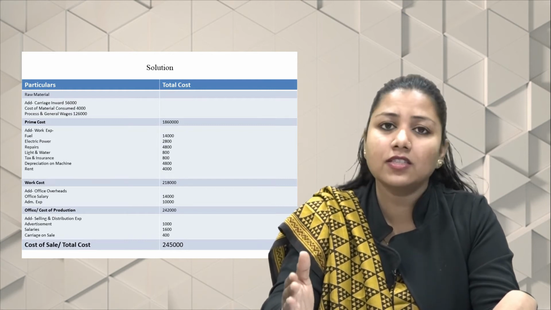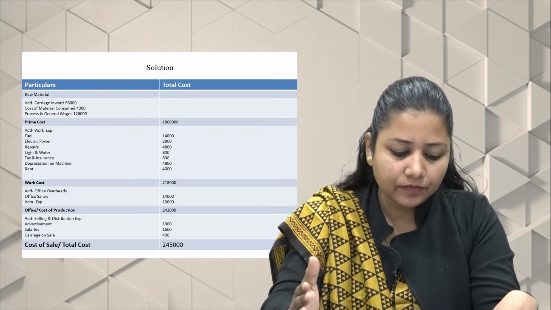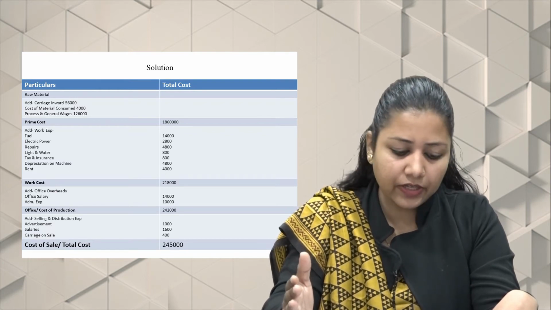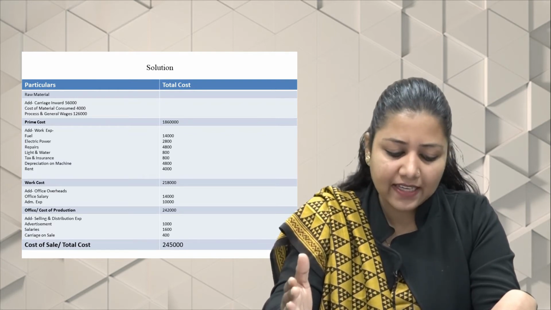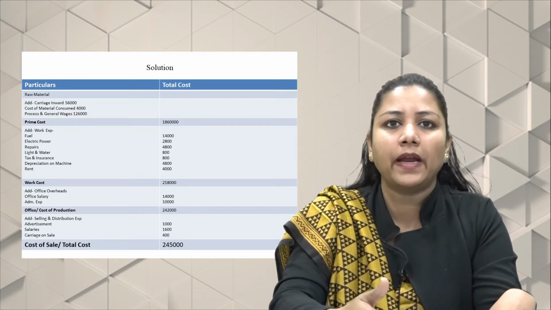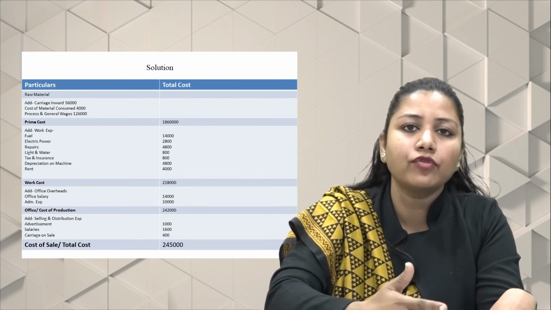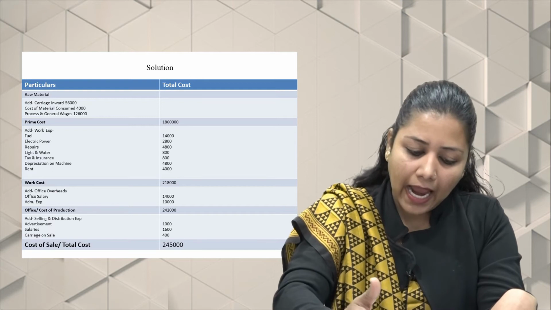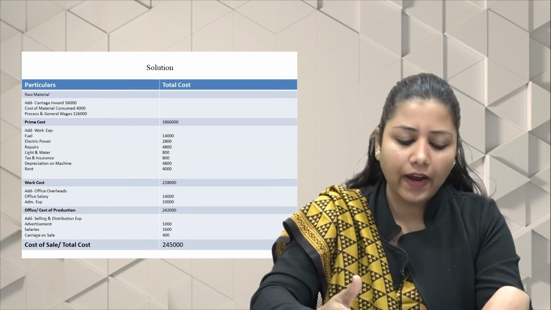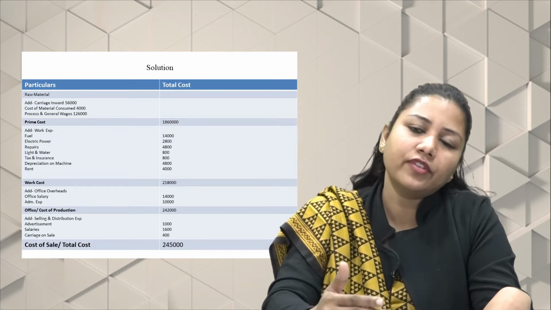Electric power, this is also an expenditure of the factory cost, 2,800. Repairs, 4,800. Light and water, tax and insurance, depreciation on machine and rent. These are all the expenditures given in the illustration. Then we add them to the prime cost, and we find the work cost, that is 2,18,000.